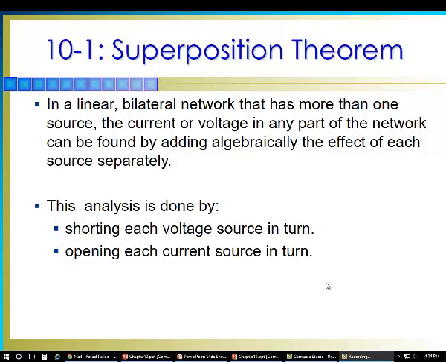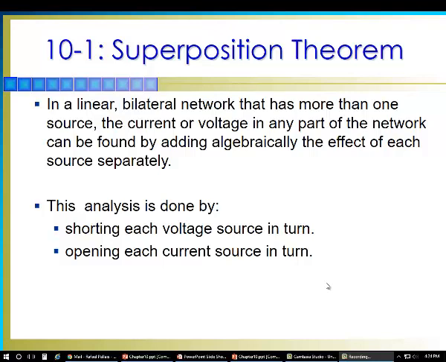This means that if we have a circuit that has more than one source, let's say a source of voltage, we're going to analyze the circuit using only one source at a time and see what's the effect of that source on the circuit, and then we're going to add the different results to find the total effect that all sources may have on a circuit.